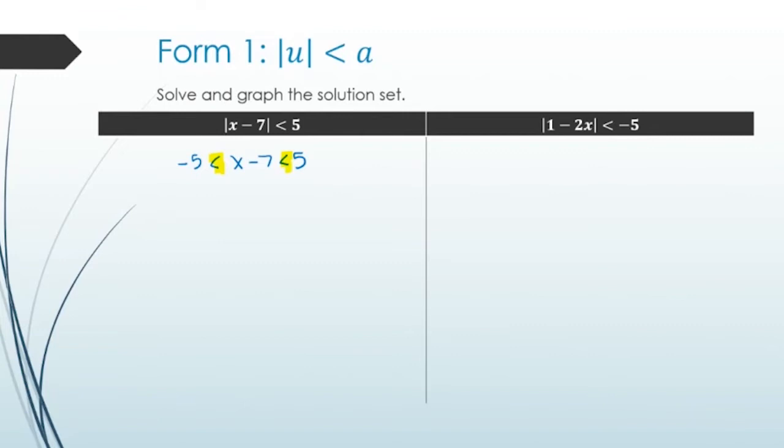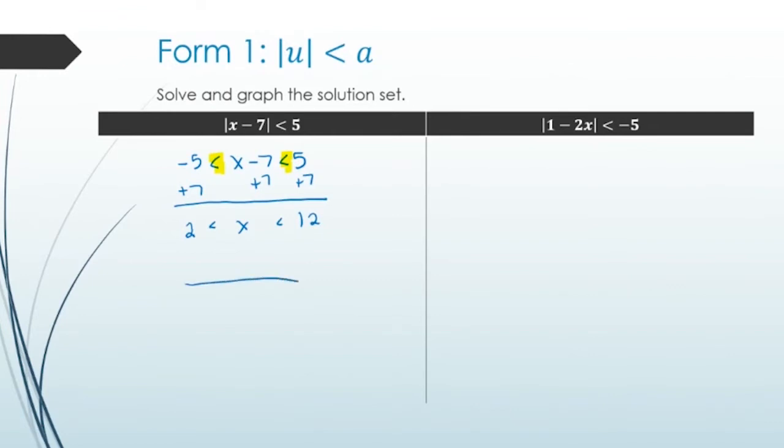And now you're solving for x in the middle. So I'm going to add 7 to the three sides. So negative 5 plus 7 is 2, 1x, less than 12. And so now I'm solved.